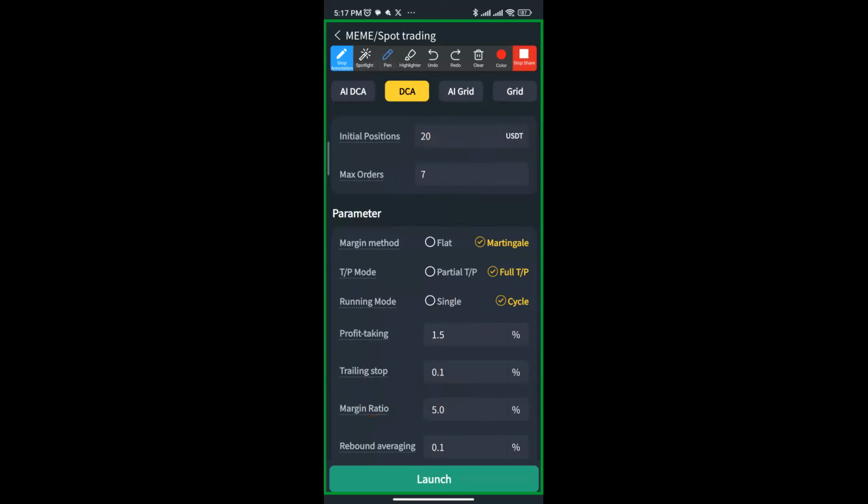So what you do, you just use your flat. Okay, just go with flat. So what's your flat going to do for you? Your flat will do this: 20 for the first order, another 20 for the second, another 20 for the third, another 20 for the fourth, and another 20 for the fifth.